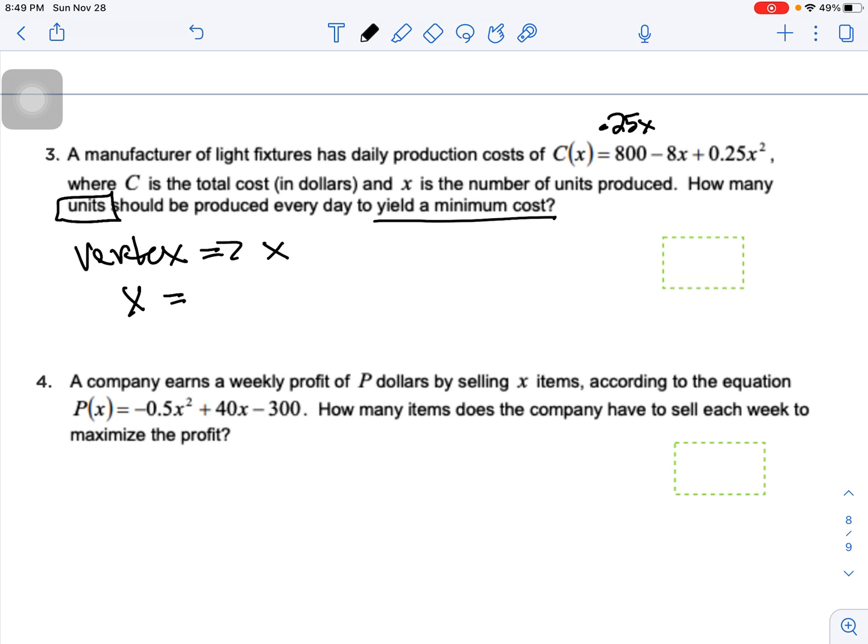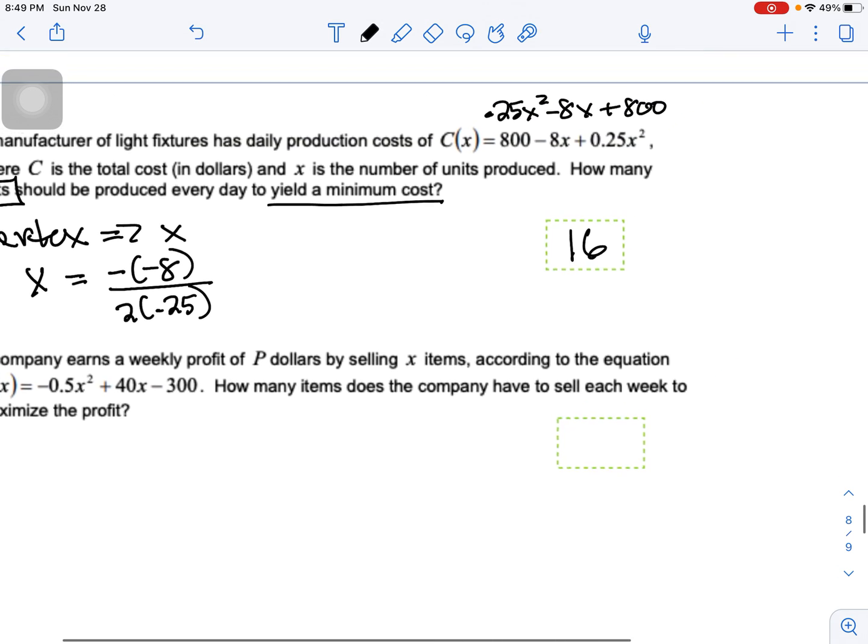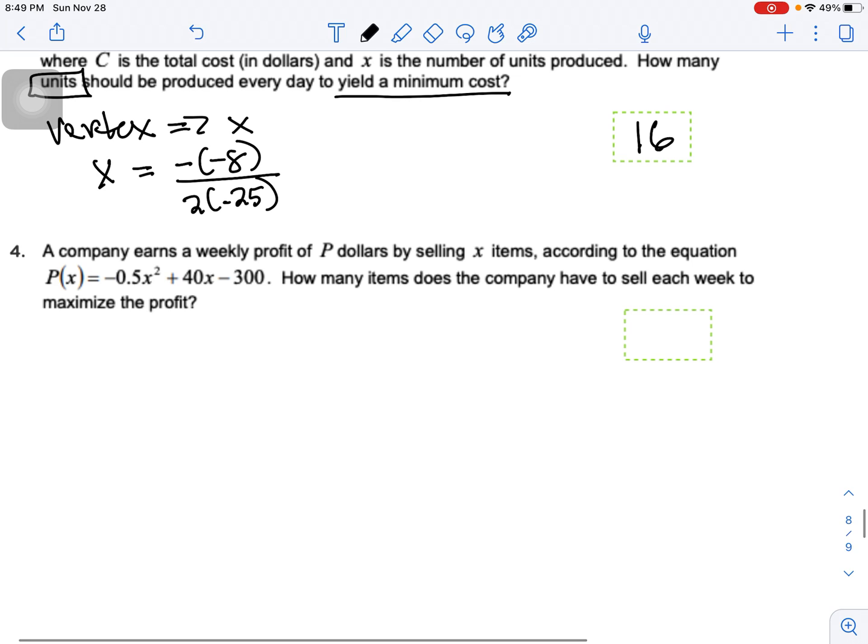So 0.25x squared minus 8x plus 800. So opposite of b, so opposite of negative 8 over 2 times 0.25. So that's going to be 8 divided by 2 times 0.25. And that's 16.